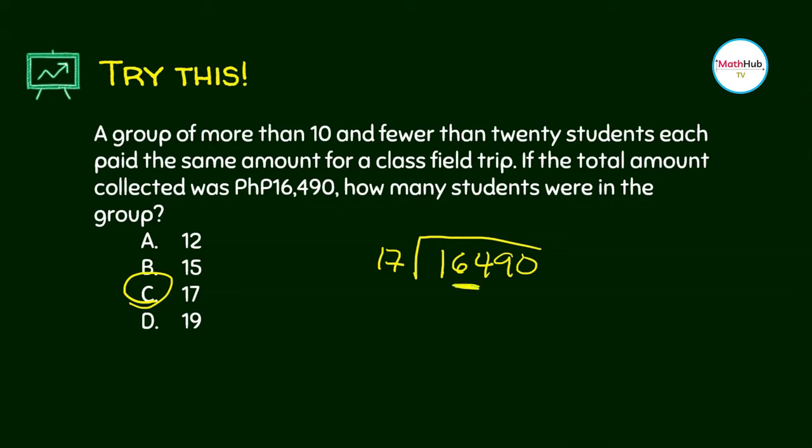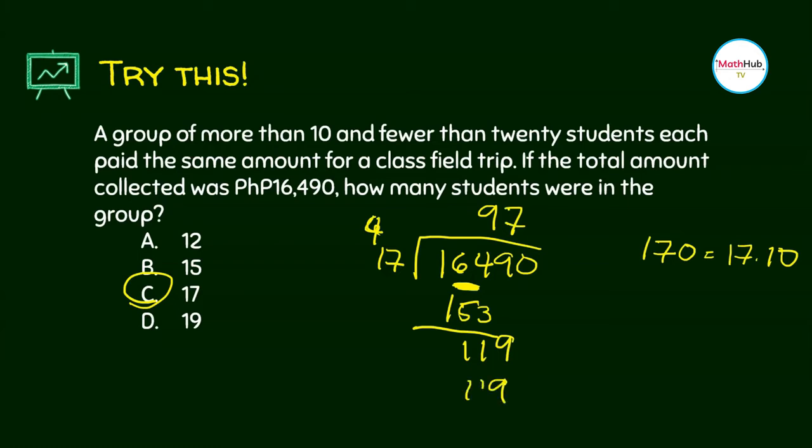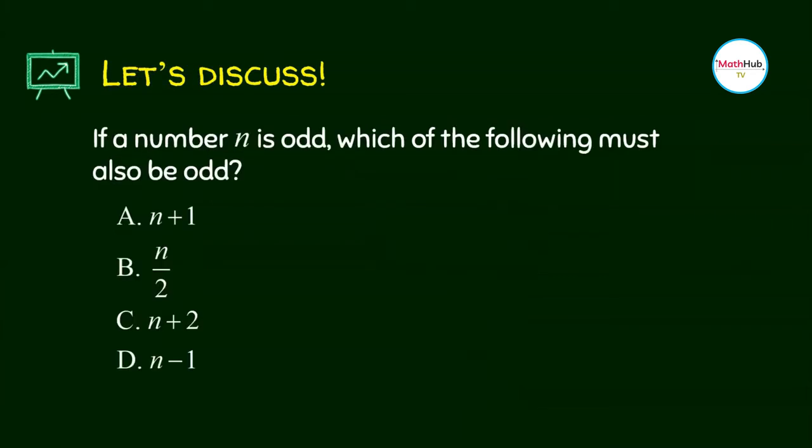If you look at 164, it's already very close to 17 times 10 or 170. So I would be expecting that this is 9. Each of them paid 970 pesos.